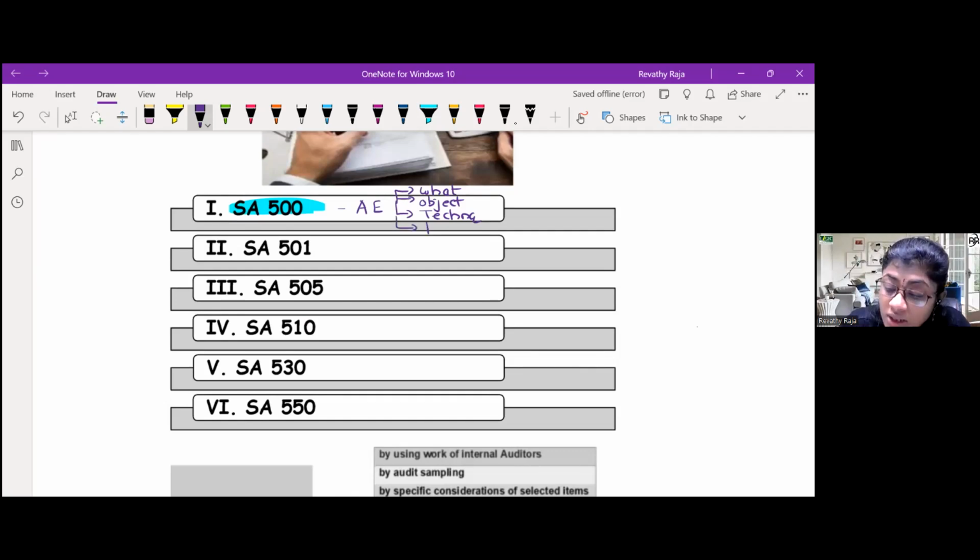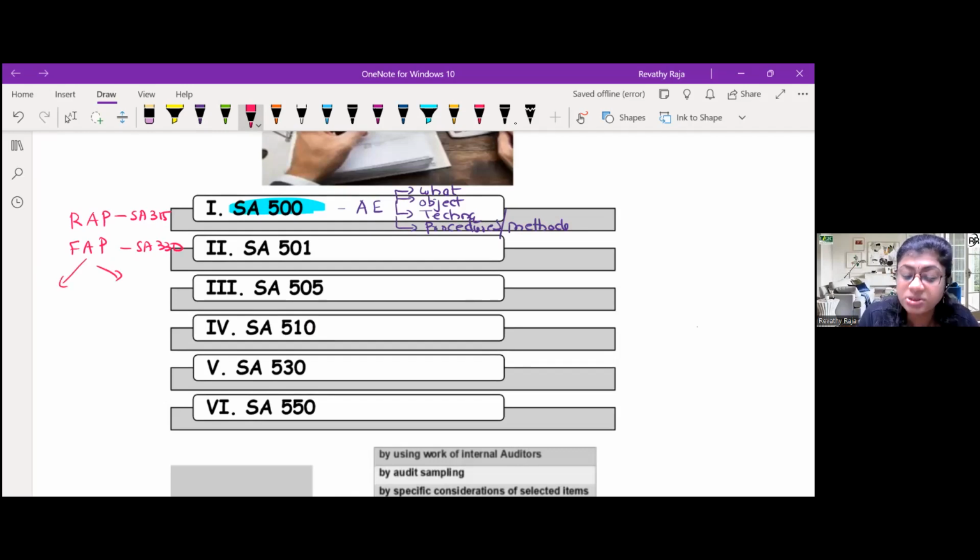Then, what are the different procedures? Procedures, or rather methods. This we have already addressed in chapter 4. Risk assessment procedure and further audit procedure. Risk assessment procedure is in SA 315, further audit procedure is SA 330.